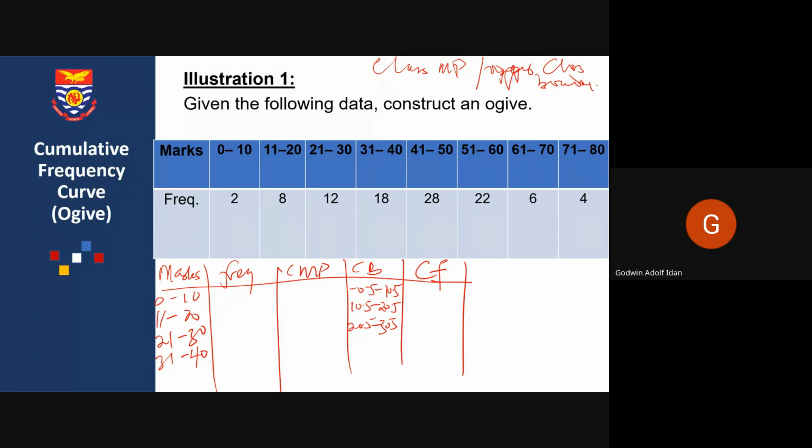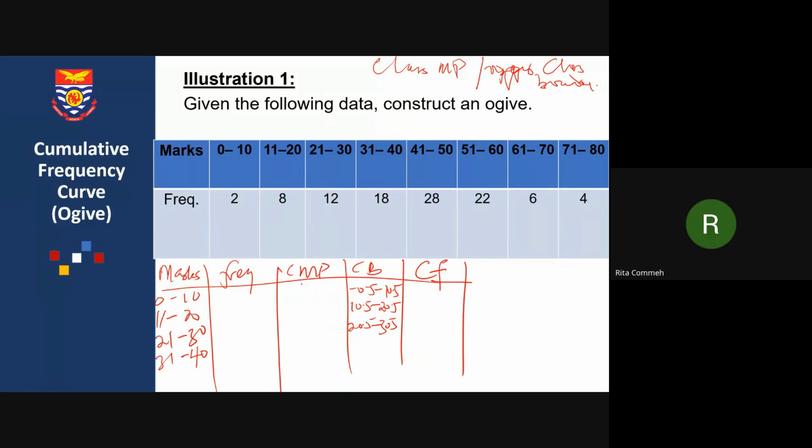Can we complete it? Yes, please. All right. Then let's also complete the class midpoints. What's going to be the first value for the midpoint? 0 plus 10 divided by 2. 5.